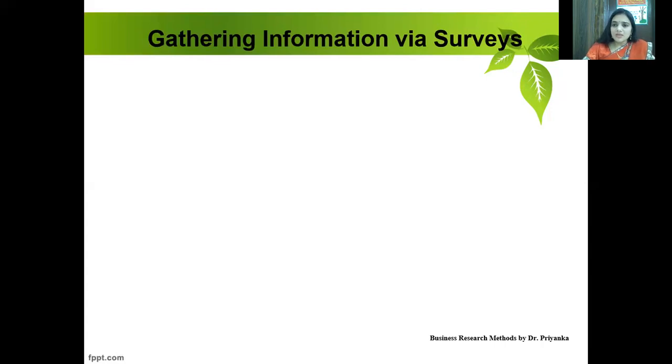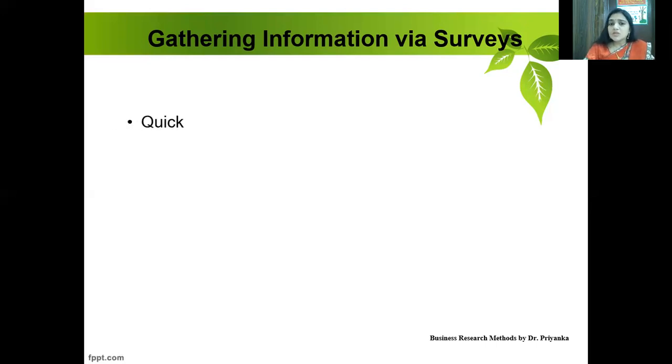Gathering information via survey, is it good or bad? When you collect information through secondary data, it is already available. It's very quick, it's very flexible as well, right? But the only problem with secondary data is that it might not suit the needs of your project, right? For that, you will always go for surveys.